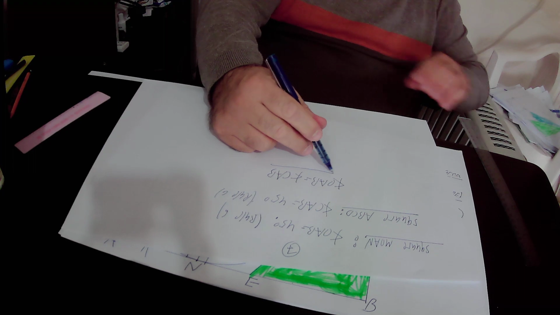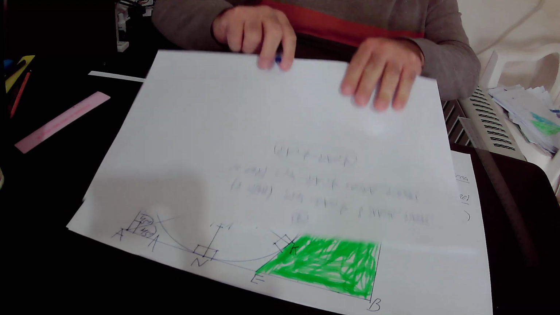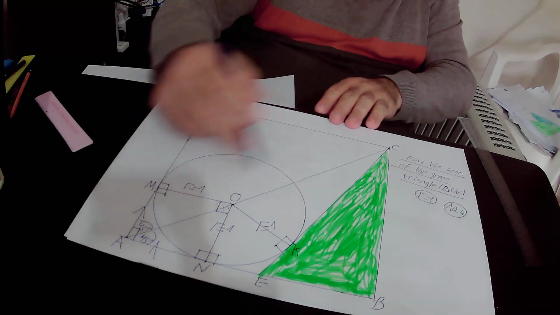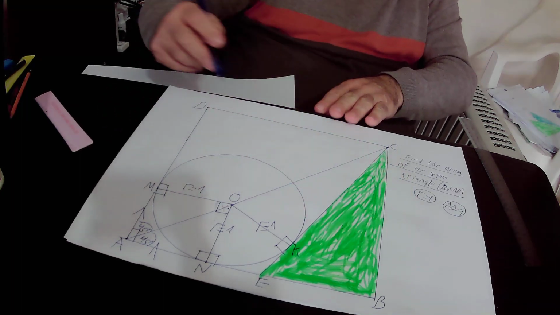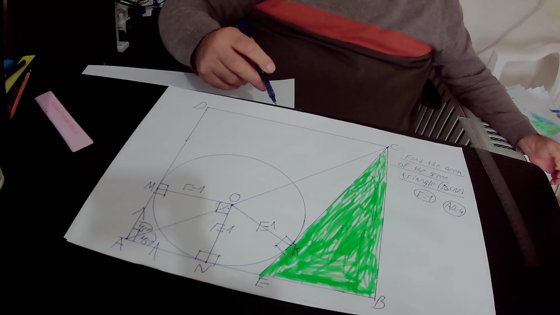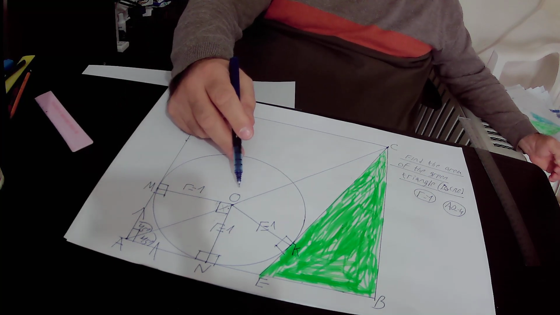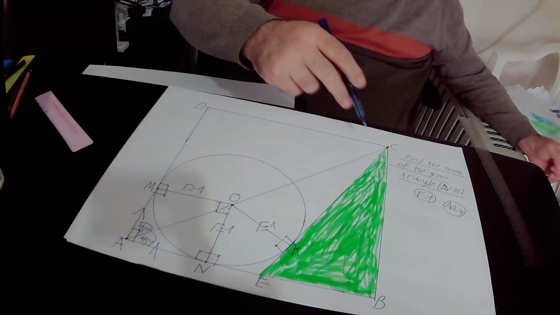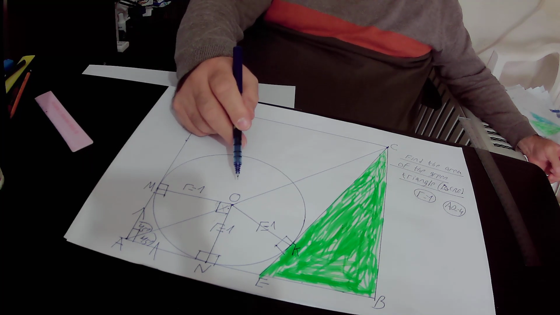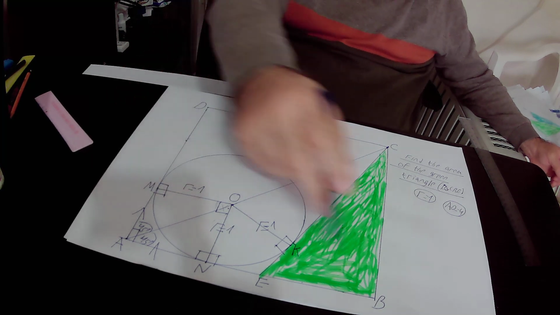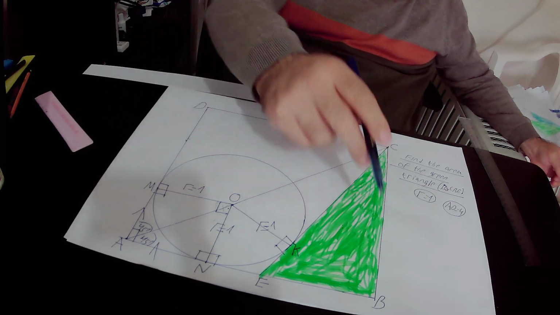And from the fact that angle OAB equals angle CAB, we will conclude that diagonal CA passes through point O. Diagonal CA of square ABCD must pass through point O, otherwise it is impossible that angle CAB will be equal to angle OAB.